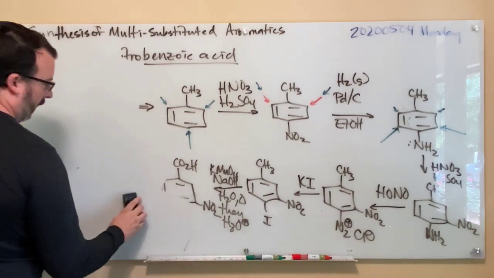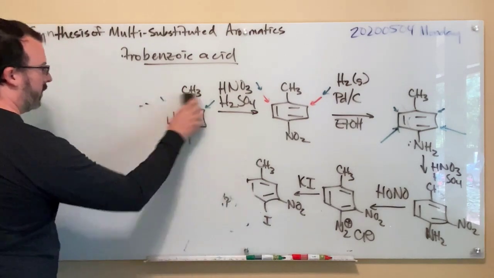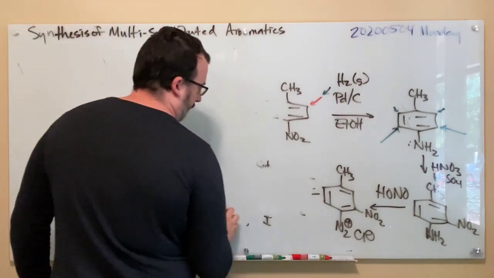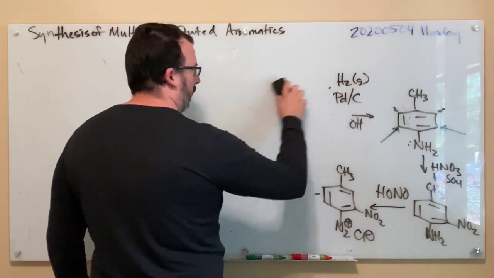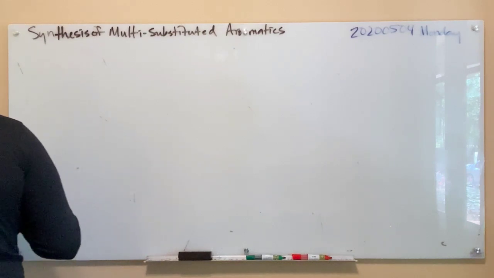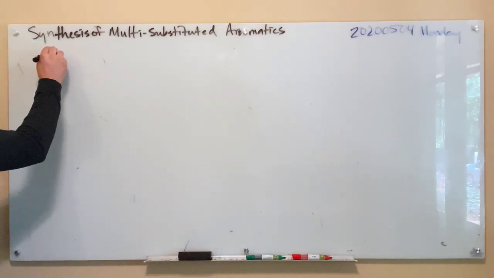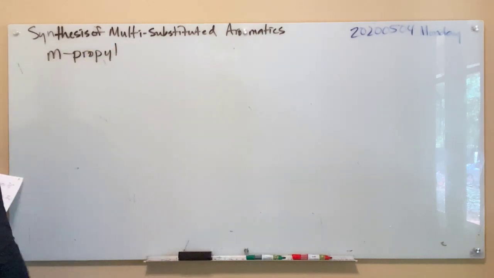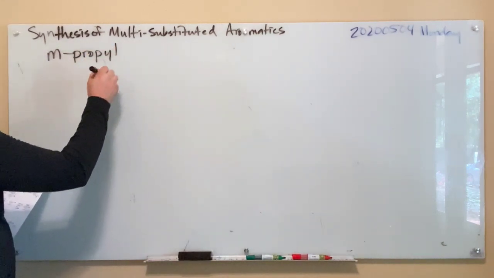So the next one will have a Friedel-Crafts acylation in it, so we can see that chemistry. So how about meta-propyl phenol? So that's an alkyl chain.